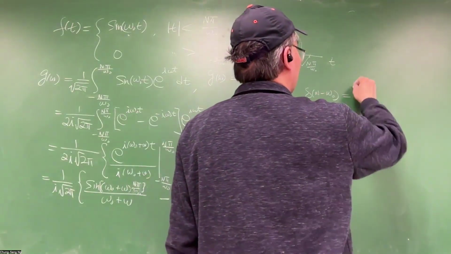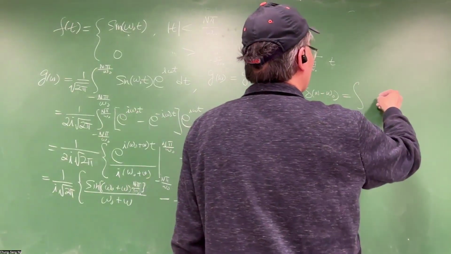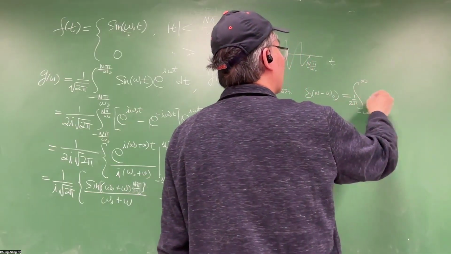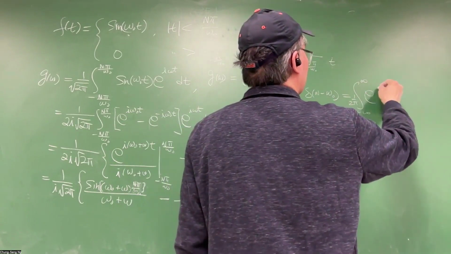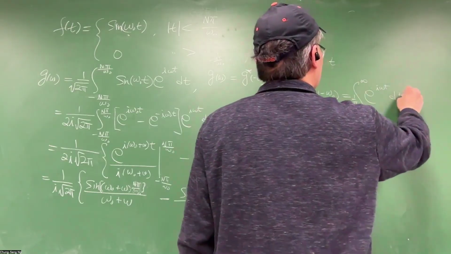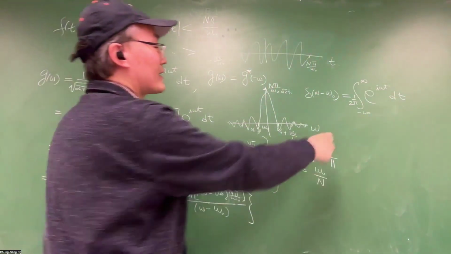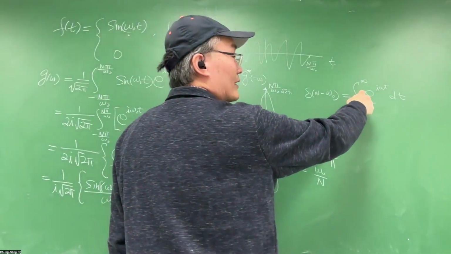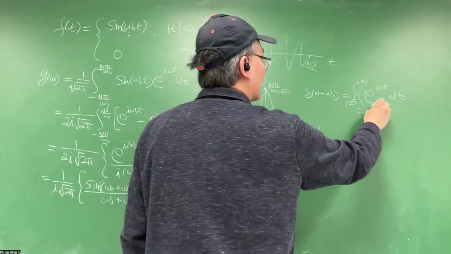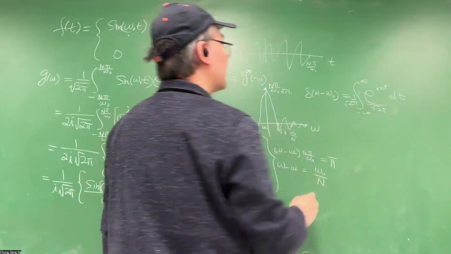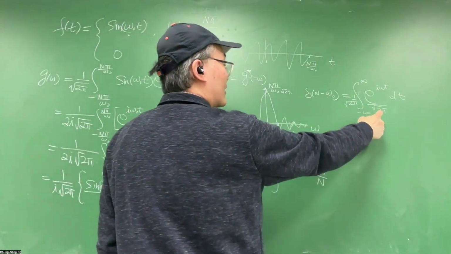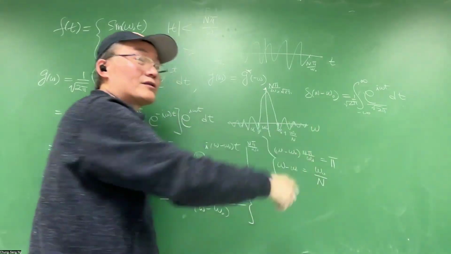This delta function is like the Fourier transform of just one, with the factor of 2 pi and e to the minus i. This is like the Fourier transform of a magnitude of 1, or in this case, 1 over square root of 2 pi. This is a constant, and when you take the Fourier transform of a constant, you get a delta function.